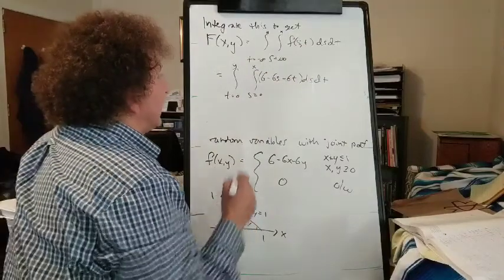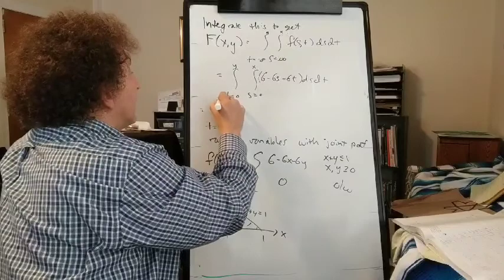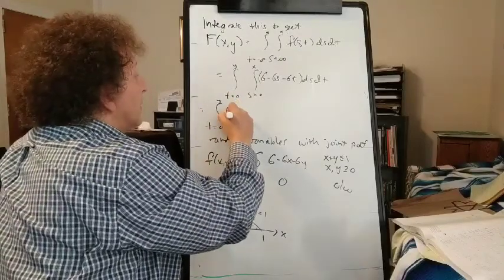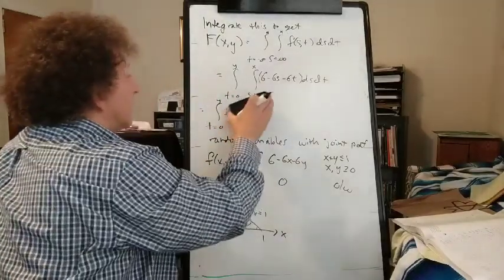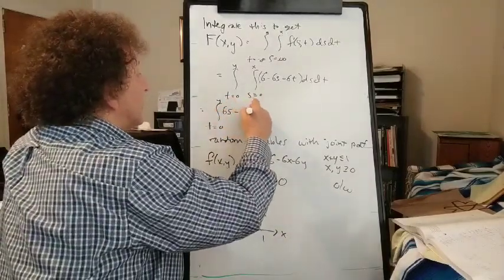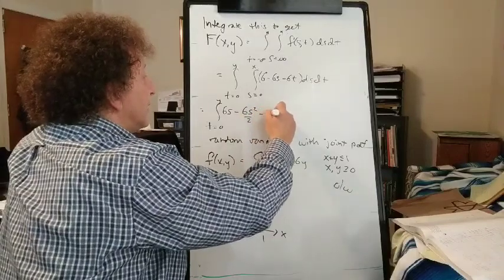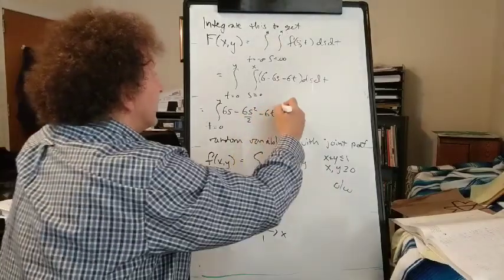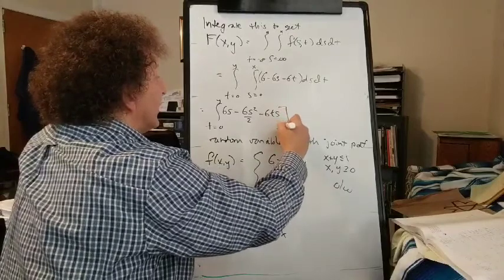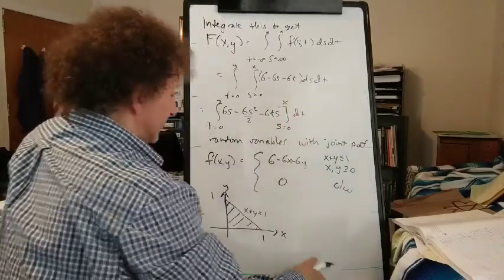So we integrate ds and we get 6s minus 6s squared over 2 minus 6ts, evaluated as s goes from 0 to x, dt.